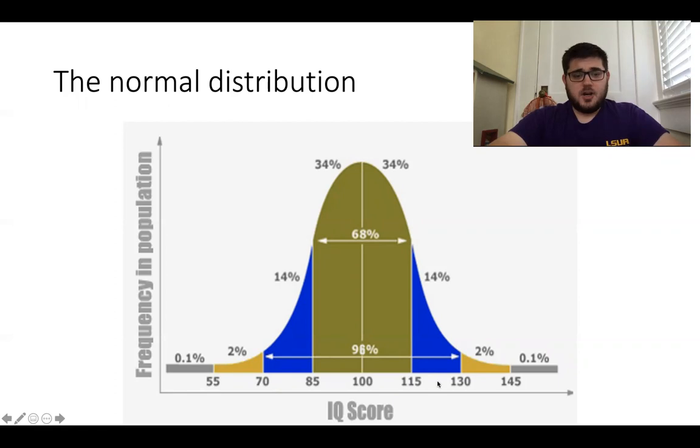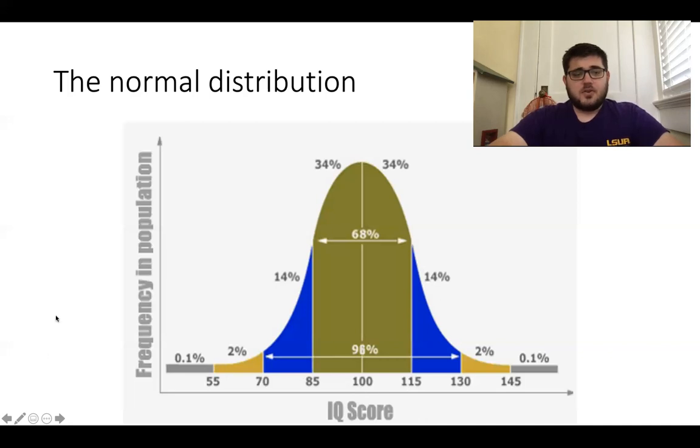And IQ scores come on a scale where the mean is 100 and the standard deviation is 15, meaning that one standard deviation above the mean is 115, one standard deviation below the mean is 85, so on and so forth.